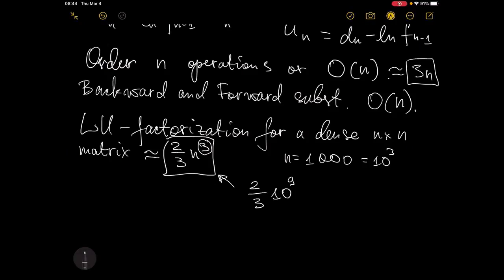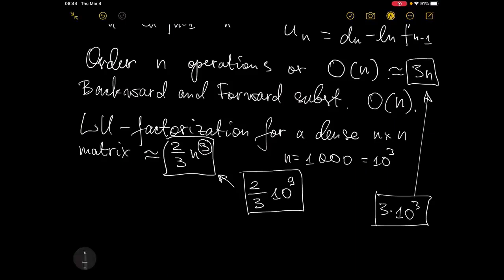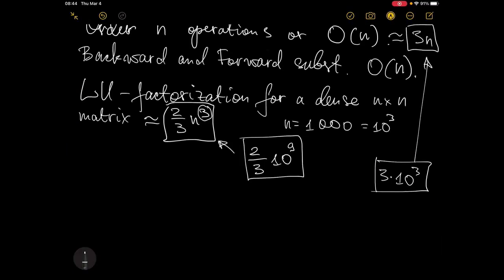While here, 3 multiplied by 10 to the third, 3000 operations. Here almost a billion operations. It's a huge difference, believe me. So that is just for LU factorization. Also backward substitution, but this is not that important here, because backward substitution for a full matrix is proportional to n squared, while here it's again proportional to n.